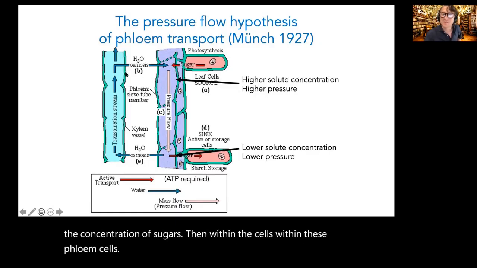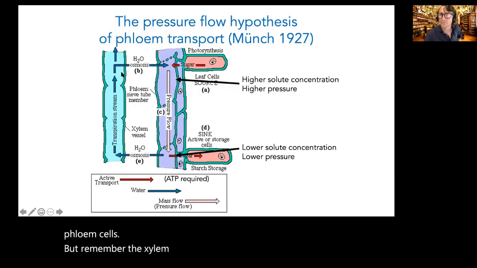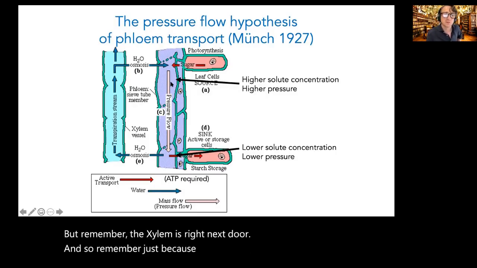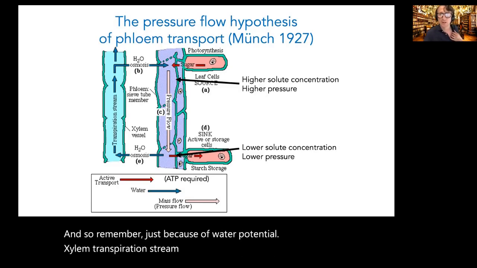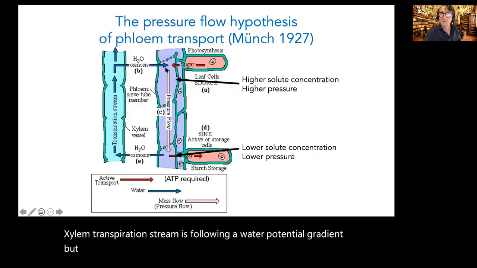But remember, the xylem is right next door. And so remember, just because of water potential, the xylem transpiration stream is following a water potential gradient. But notice right next door to the phloem, there's another water potential gradient.